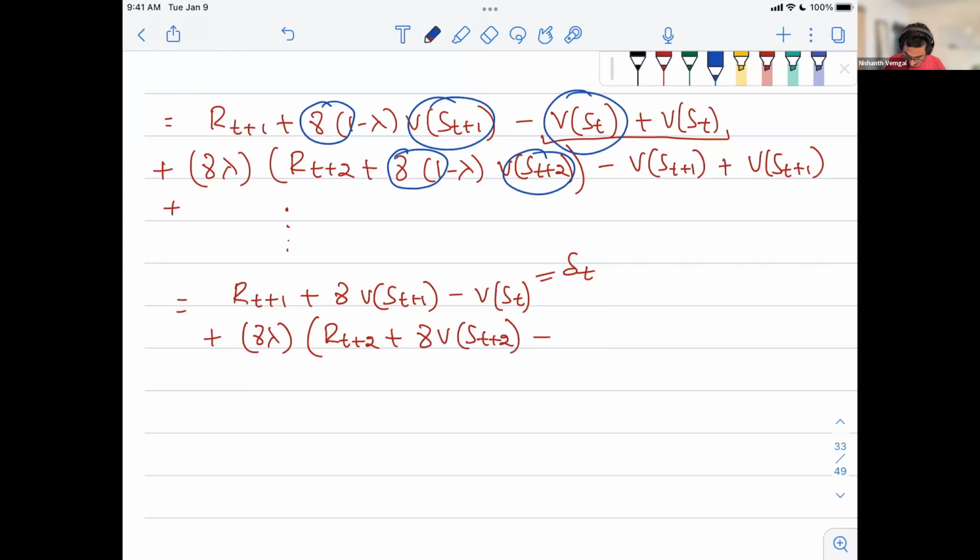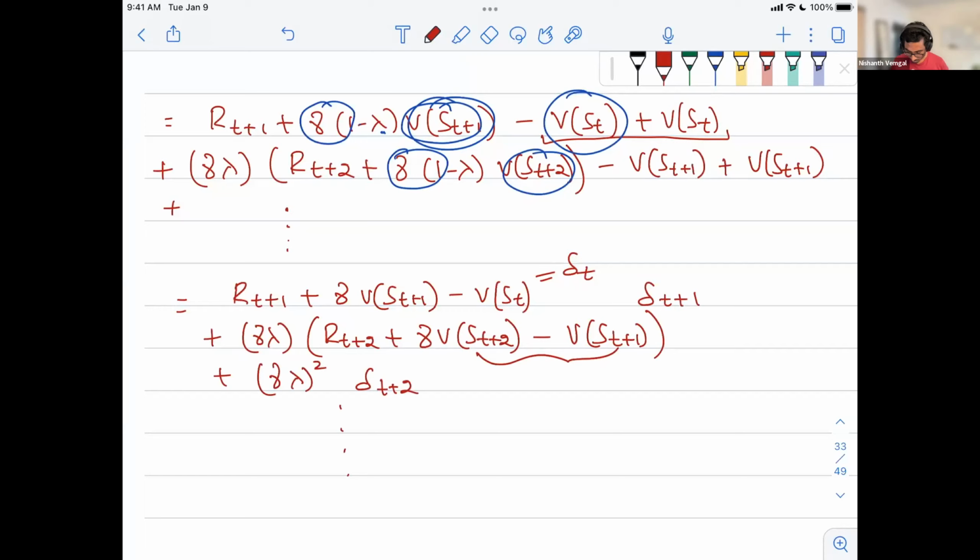Now I have this minus gamma lambda times V(S_{t+1}) that I haven't used before, which I'll be writing here. This is equal to delta_{t+1}. And by doing this we would get delta_{t+2} and so on.